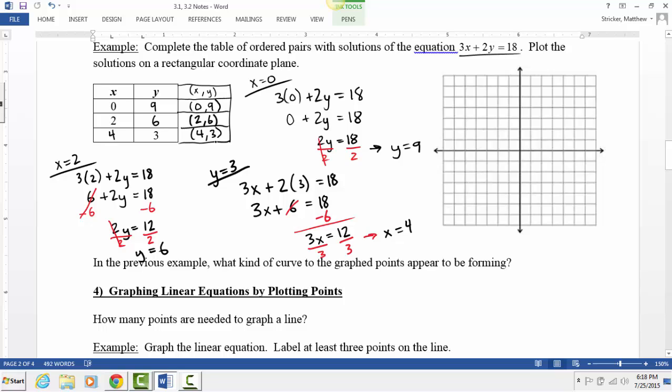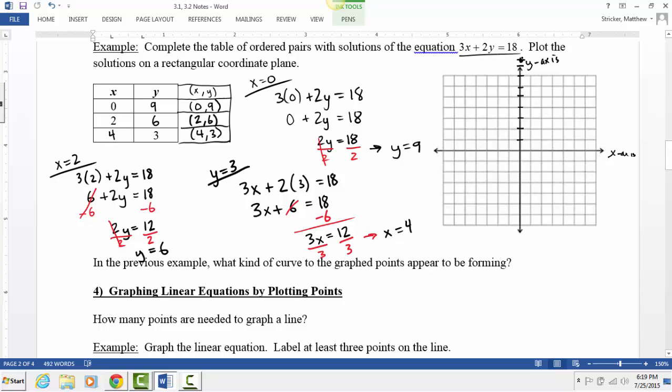And now we go ahead and put these points on the graph. The first point is the point (0, 9). So x equals 0. Remember, this is our x-axis. This is our y-axis. So when x equals 0, we're on the y-axis and we go up 9. 1, 2, 3, 4, 5, 6, 7, 8, 9.